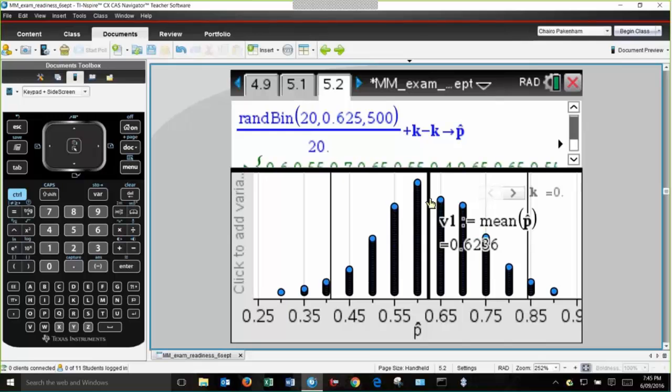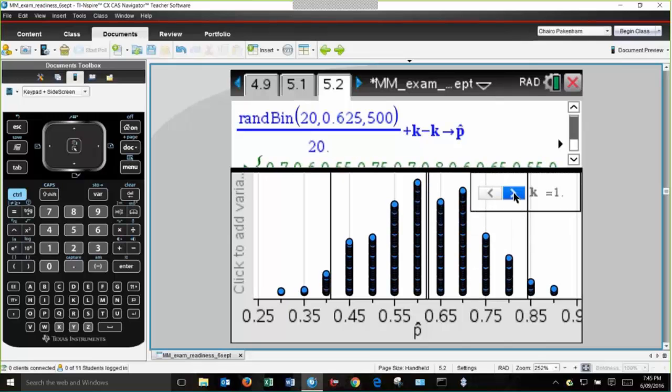That's pretty close, okay? It will vary depending on the 500 samples, but it's always very close to 5/8. That's the meaning of the expectation being P. And the variance is just a measure of how spread these values are.